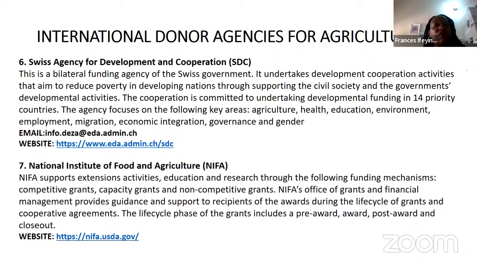Their Office of Grants and Financial Management provides guidance and support to recipients of the awards during the life cycle of the grant. So these ones have an oversight role through the process, the cycle, the period of the project, and cooperative agreements. The life cycle phase of the grant includes a pre-award, award, post-award, and a closeout.